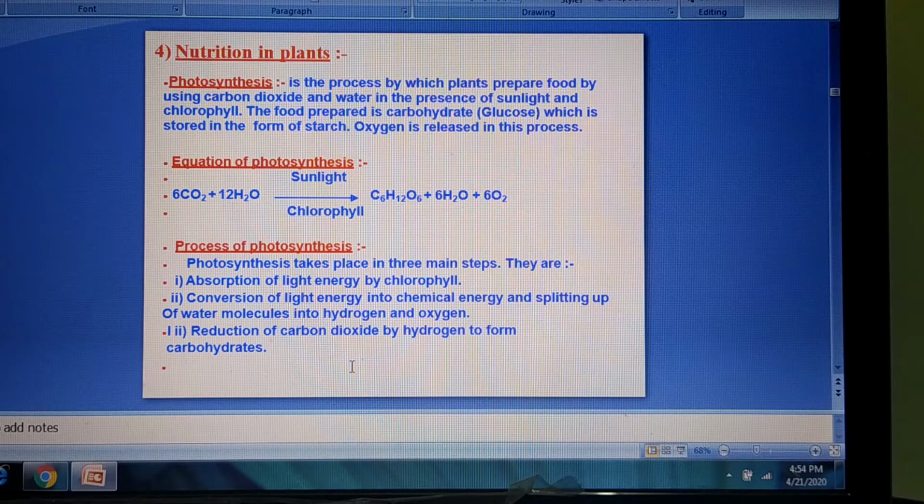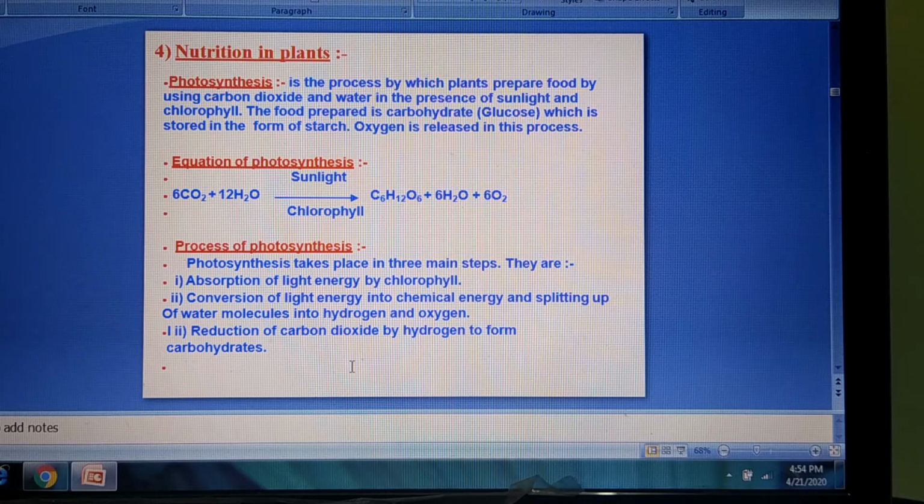So plants use raw materials, that is, inorganic substances like carbon dioxide and water, in the presence of sunlight and chlorophyll, and prepare their own food material, that is carbohydrate, glucose. Oxygen is released, and even water is released as a byproduct.